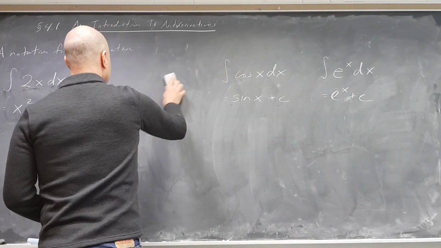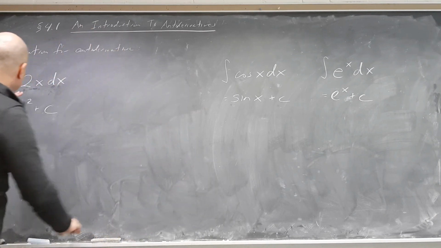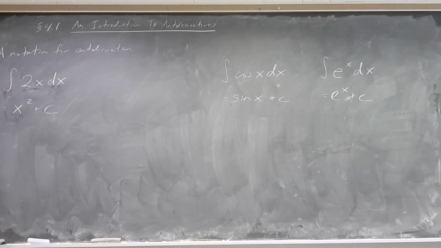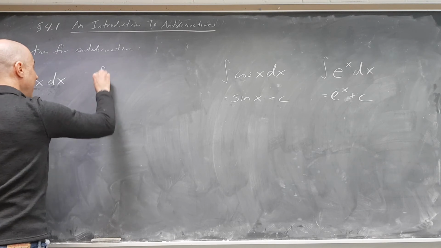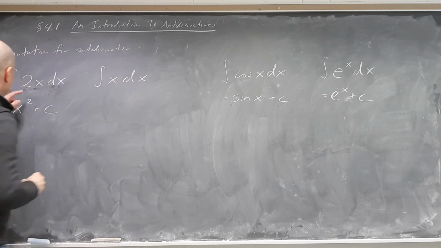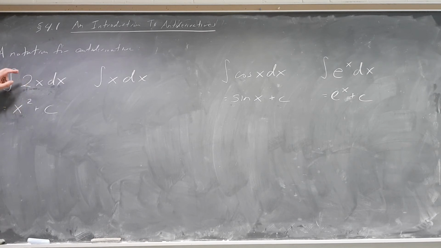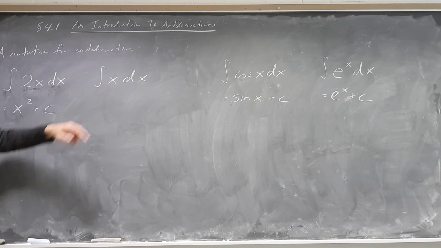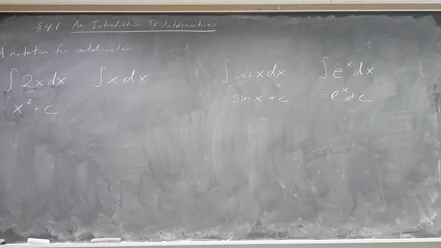Let's do another one. I'm going to keep this one on the blackboard, and I want you to see if you can figure out what the antiderivative of x is. You know the antiderivative of 2x is x squared plus a constant. What's the antiderivative of half of 2x? Pause the video, think it over.